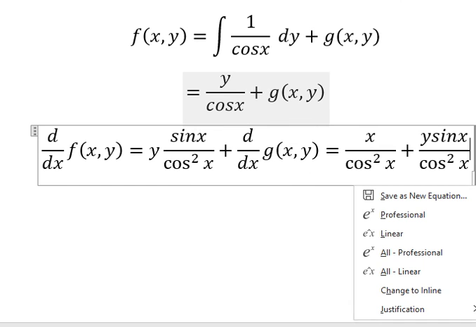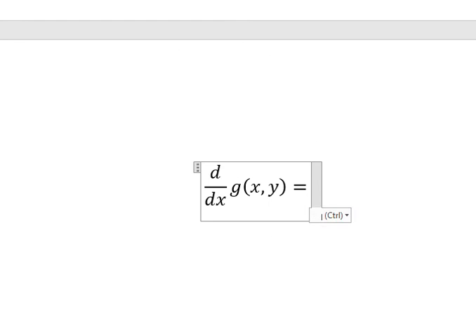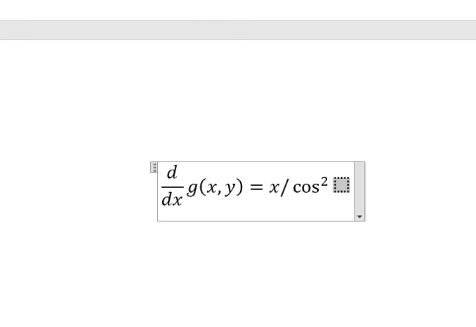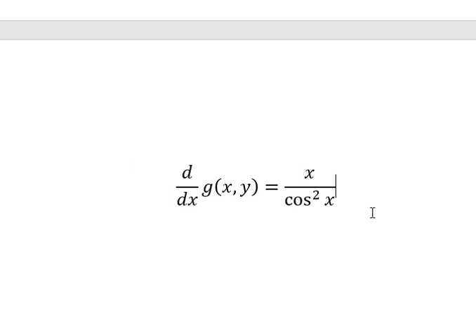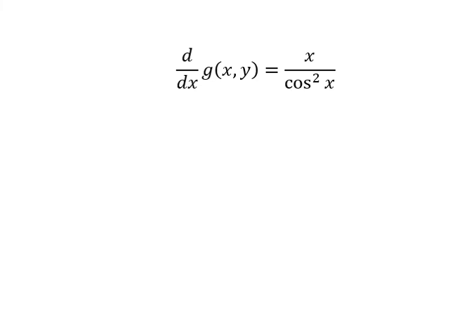So we need to simplify y sine x over cosine x square for the both sides. So we just have x over cosine x square. Next, we put the integration for the both sides.